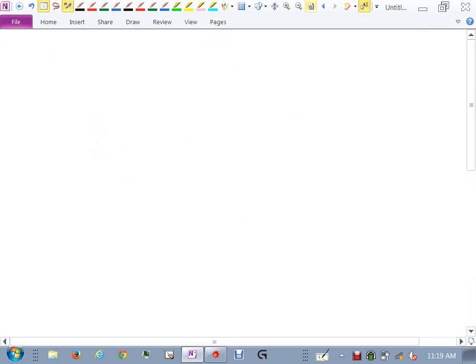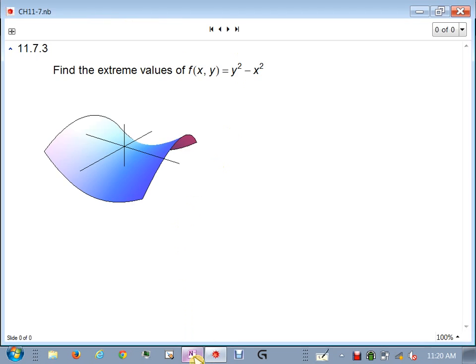So my function is the function f of x, y equals y squared minus x squared. All right. We are going to need to figure out a couple of things here.